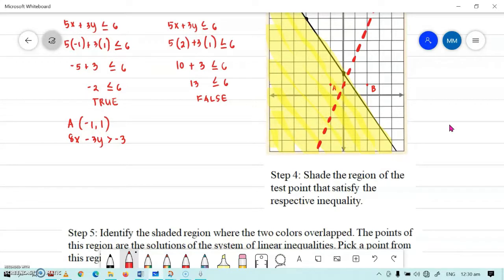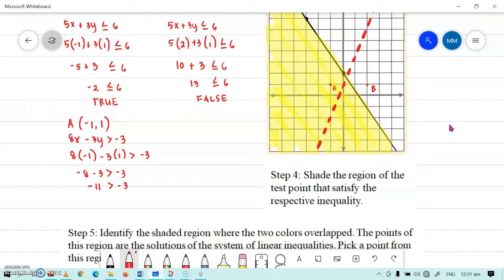So substitute, we have 8 times -1 minus 3 times 1 is greater than -3. 8 times -1 is -8. -3 times 1 is -3. -8 minus 3 is -11, is greater than -3.